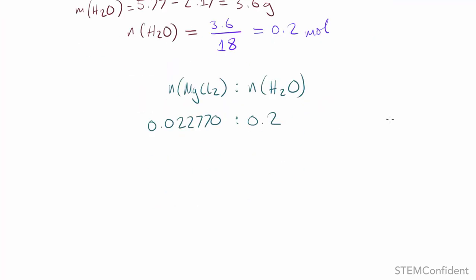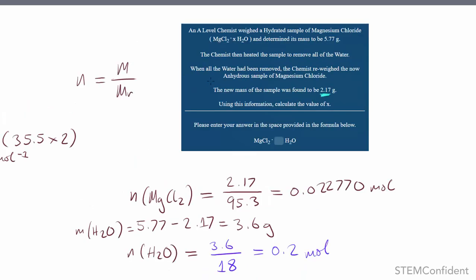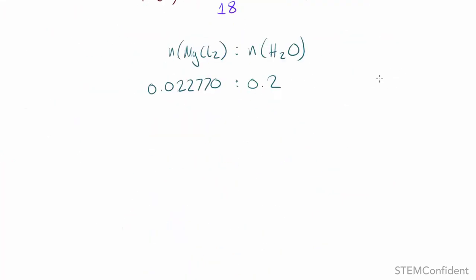And so our goal is to answer the question: for every 1 mole of MgCl₂, how many moles of H2O? So in order to move towards that objective, what we really need to do is get this value to be 1. And how do we do that? The most straightforward way to get this to 1 is by dividing it by itself.